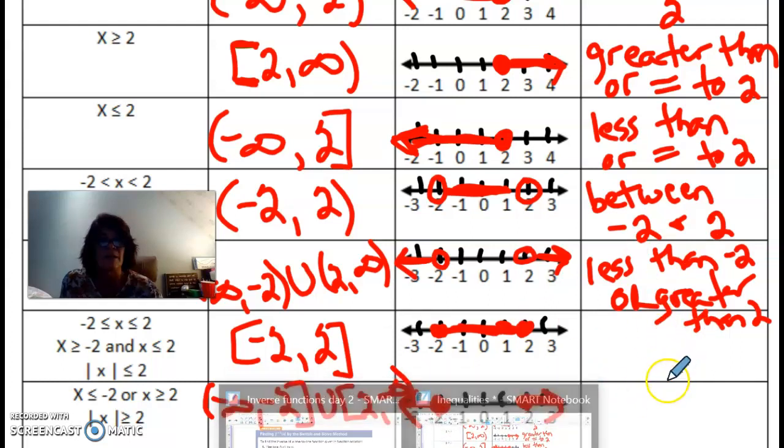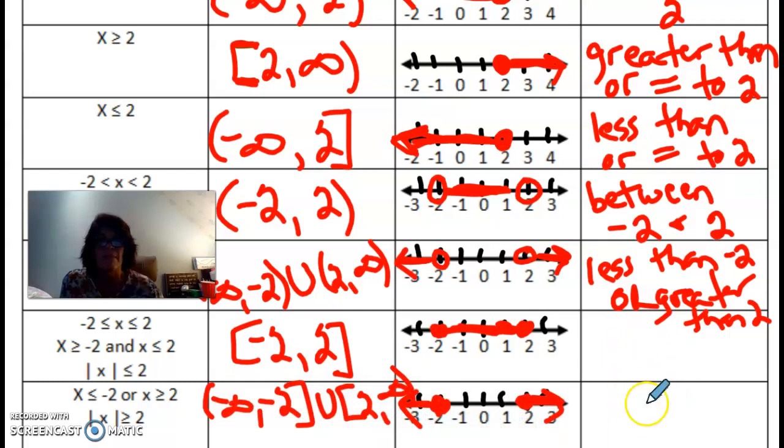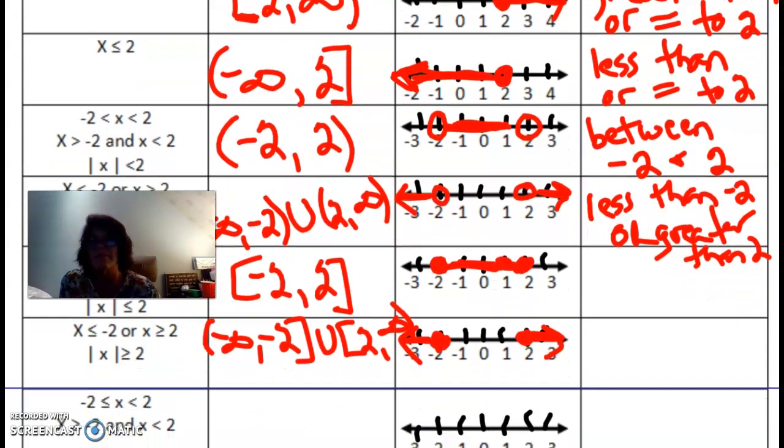I'm not writing the words so much. I don't have room. This is everything between -2 and 2 and including -2 and 2. This is everything less than or equal to -2 or everything greater than or equal to +2. It kind of says it right here.